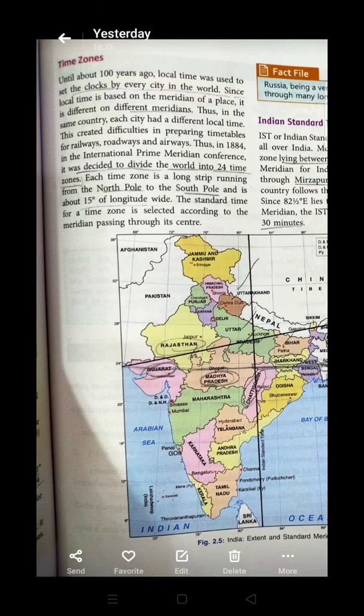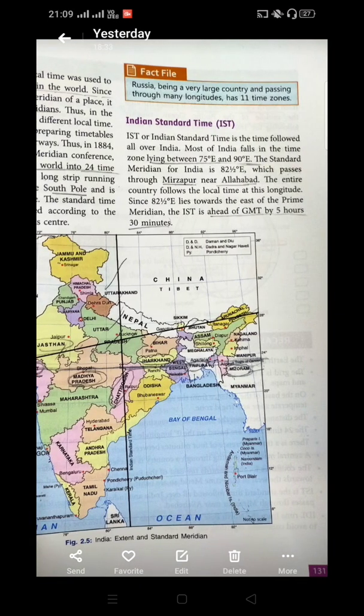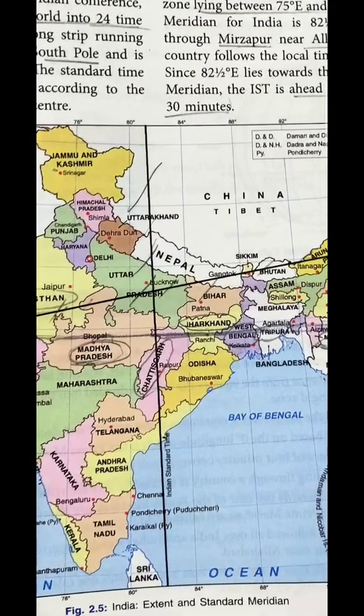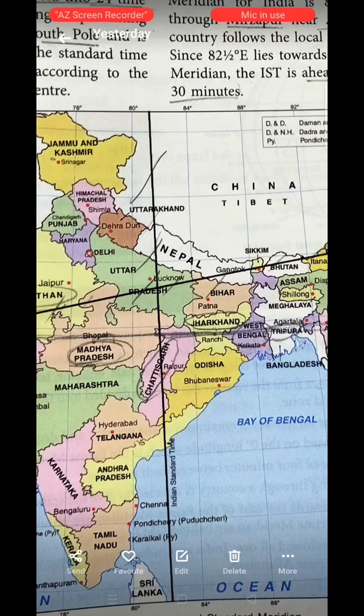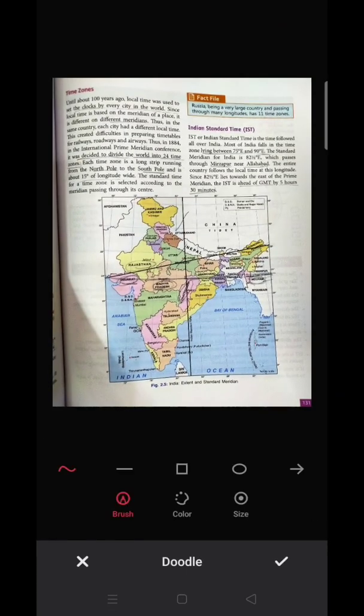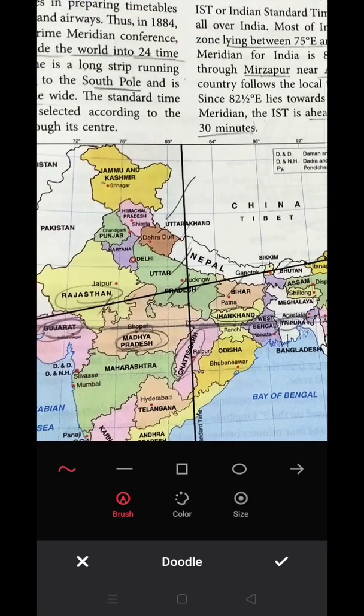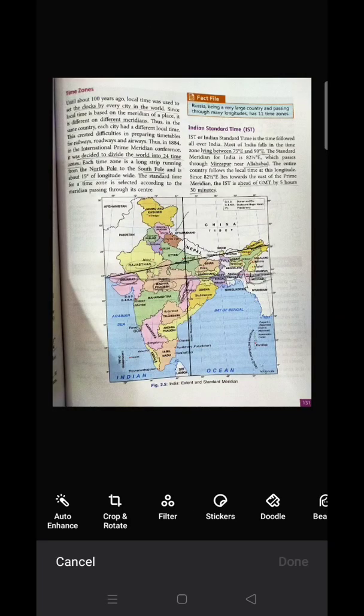Now each country has its own time zone. Similarly in India, the time zone is there. The line that is passing through India is known as Indian Standard Time. When you check here, you may find this line passing through India.